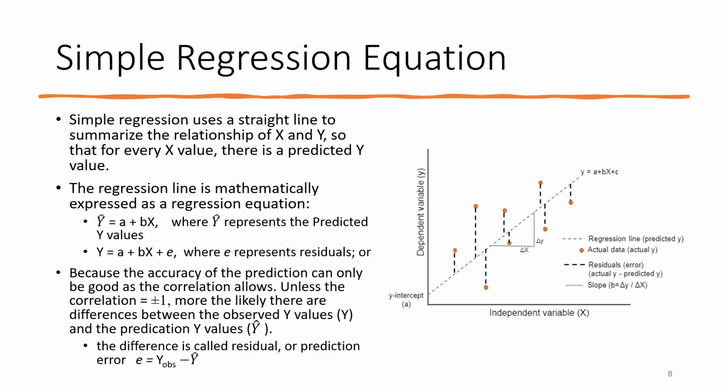Unless the correlation coefficient is either -1 or +1, there are likely differences between the observed y values and the predicted y values. The difference is called residual or prediction error. e equals observed y minus predicted y.